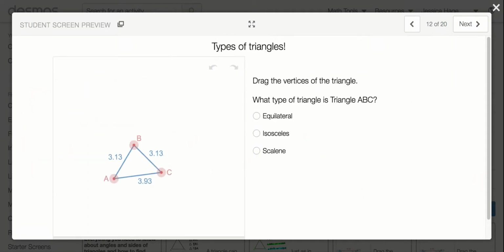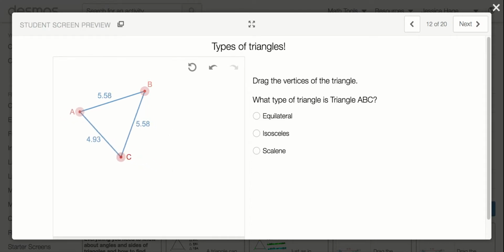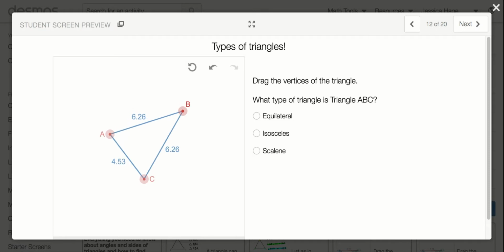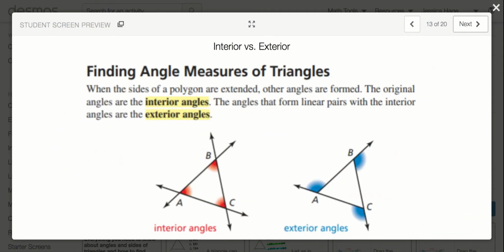Slide 12, no matter how you drag these, it's always going to maintain that two side numbers are equal. So 6.26, 6.26, so this is isosceles. And then you also have talking about interior and exterior angles, again, from your vocabulary sheet.